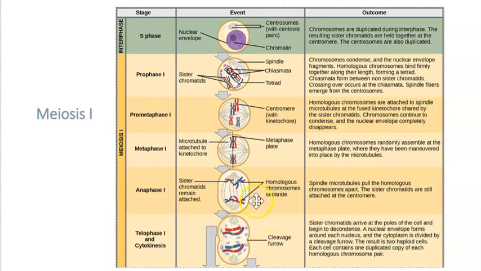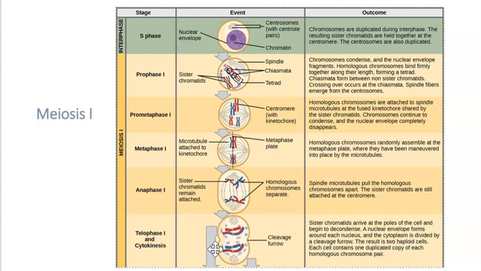Once that happens, during telophase 1, two nuclei are going to form, and cytokinesis is also happening at this time, and it's going to begin to form our two new haploid daughter cells.